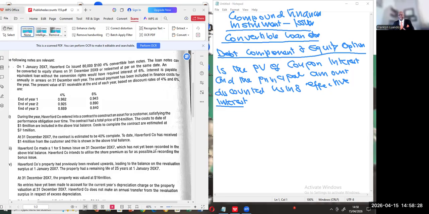Now, after getting the debt component, the debt component is remeasured at amortized cost.